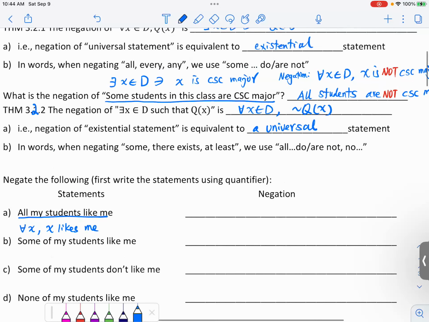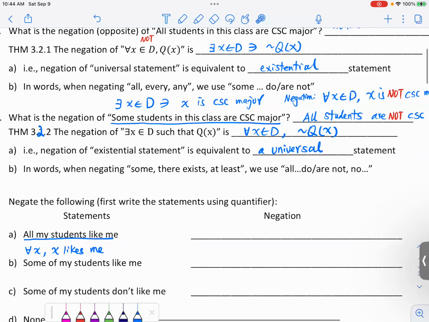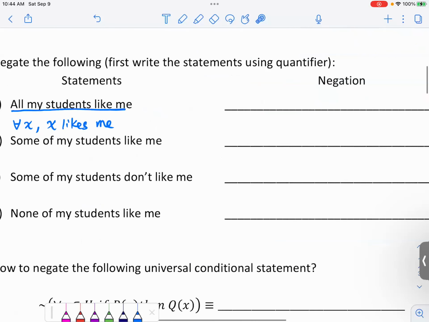And then this is a universal statement. If you can recall, how do we negate universal statements? The negation will be existential, and then we have to negate the predicate, right? So we apply that, and the negation will be there exists x such that x does not like me.